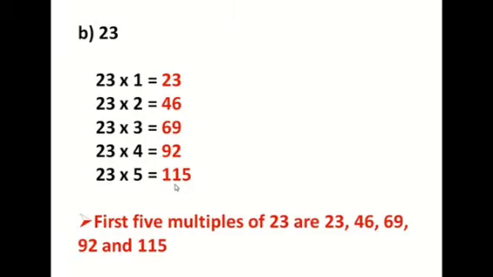Here, one thing I want to tell you, when you are getting a little bit bigger number and you have to multiply with 1, 2, 3, 4, 5 or some other numbers, and you have to find out the product because you are finding multiples. If you find difficulty to find out the product by your mental math, what you will do?